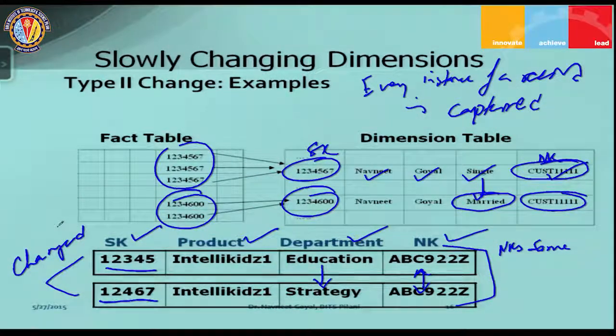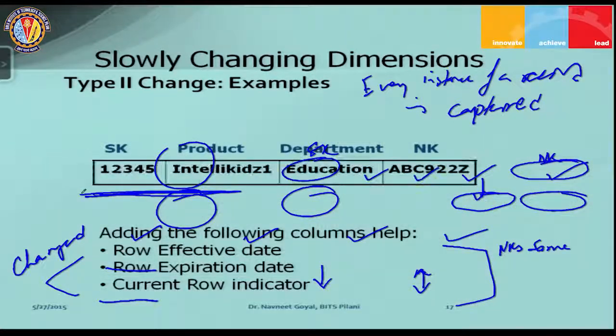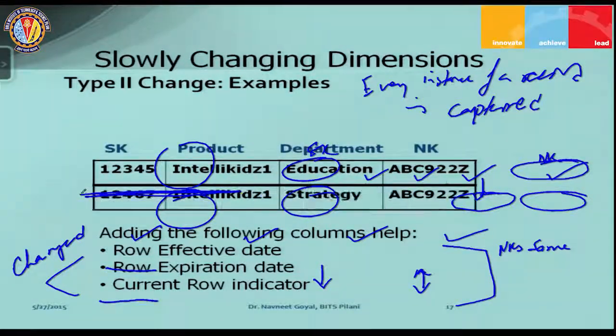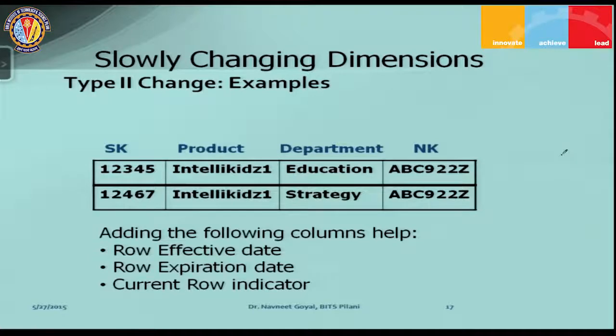So this automatically partitions the fact table with respect to the instances of a particular dimensional record, right? And again, I have written the same thing. Let me clear the annotation. Adding the following columns helps. So you can add an effective date column here, right?